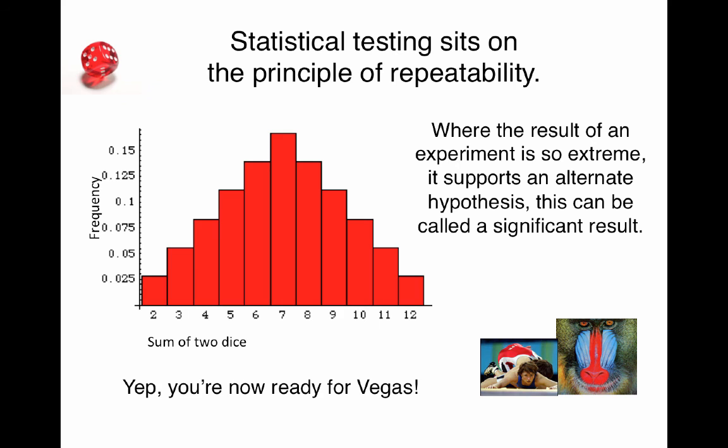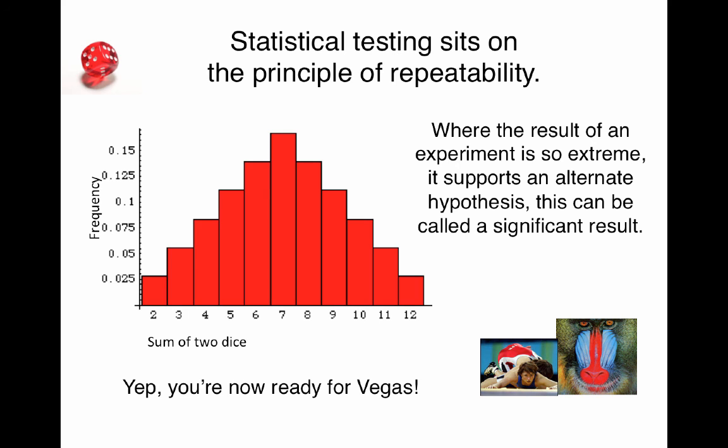When a result is so extreme that it supports an alternate hypothesis, that's when we say we've got a significant result. So essentially what we've got to keep in mind is that statistical testing sits firmly on the principle of repeatability. The idea is that we do our experiment, we obtain our results, and we evaluate the likelihood of obtaining these results if the null hypothesis is true. So the p-value we get is the probability of obtaining our results under the conditions described in the null.